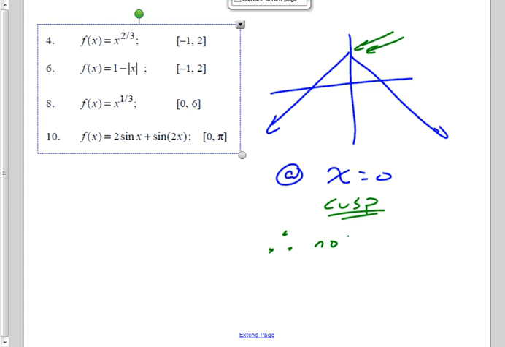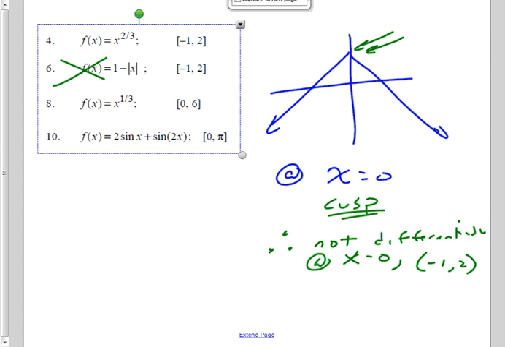Therefore, it's not differentiable at x equals 0. So it's not differentiable between -1 and 2. So this doesn't meet the qualifications necessary for the mean value theorem.